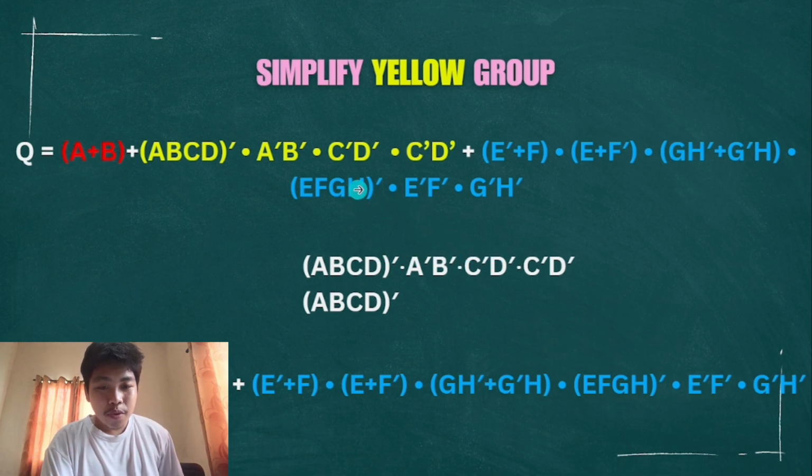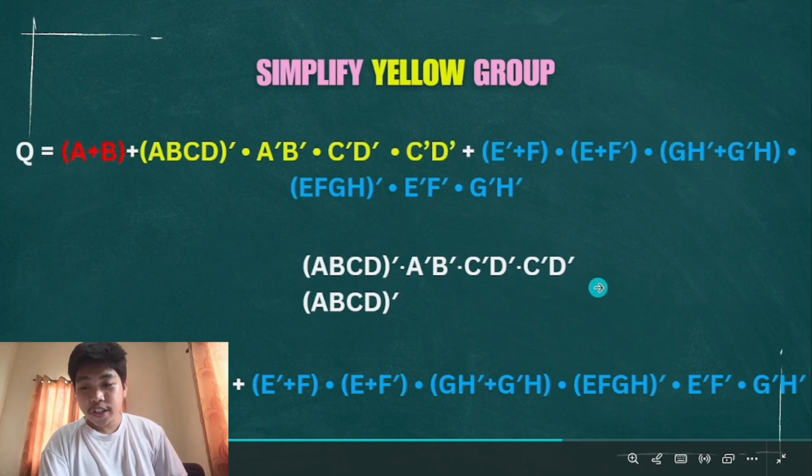So as we all know, ABCD', since there's a parenthesis here, this is also A'B'C'D'. So if we multiply this whole term, the common part remains, which is only A'B'C'D'. Or we can also write it like here.